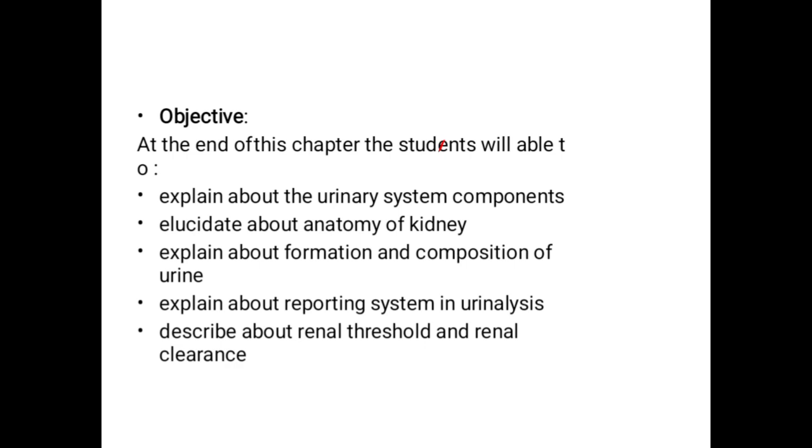The cortex is the outer region that is lighter in color and contains glomeruli, tiny filtering units, and also proximal convoluted tubules as well as distal convoluted tubules, or parts of the nephron. And the function of this cortex, or outer layer of the kidney, is filtration of blood.